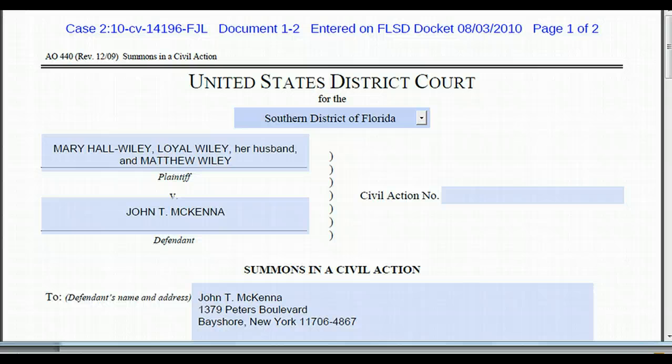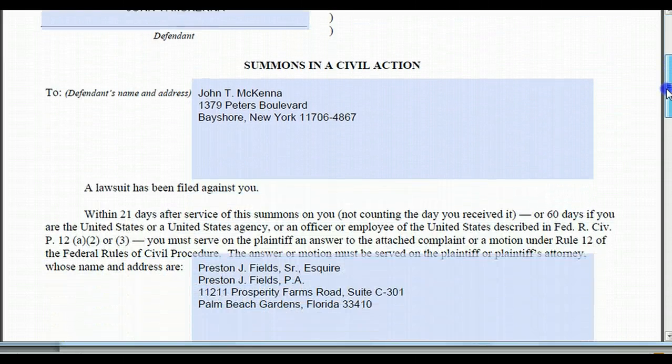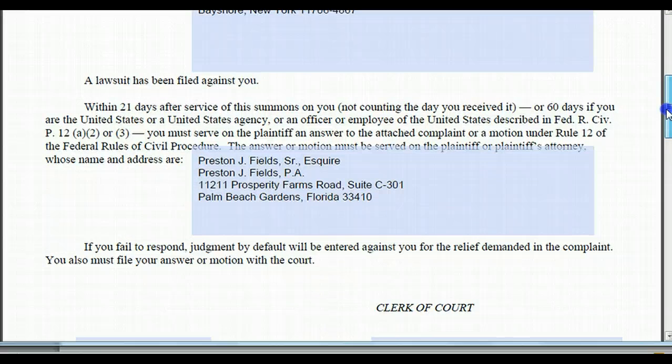Process in a civil case is simply a copy of the complaint, the initial pleading where the plaintiff explains, here's what I'm upset about, and in addition to the complaint, the summons. So this case that we're reading talks about the summons, and the summons is sort of the official document that informs the defendant that you are required to appear before the court and answer the claims that have been made against you.